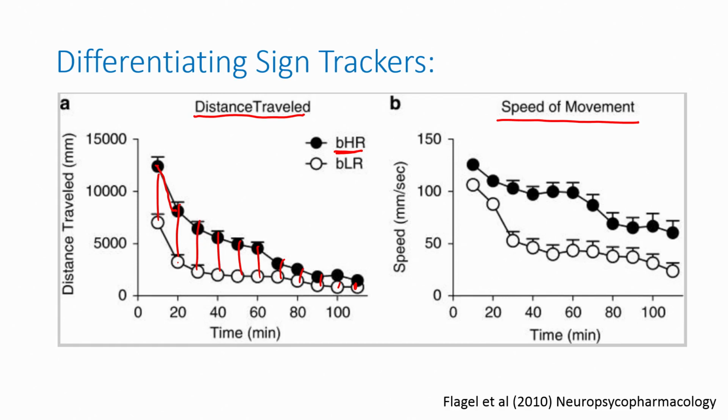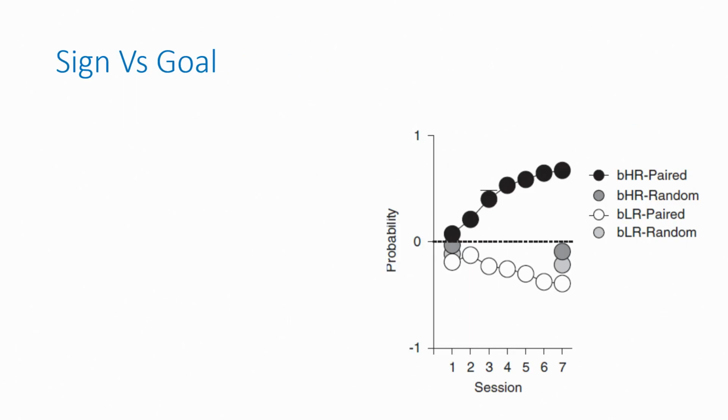Having generated these two breeds, a high responsive breed and a low responsive breed, next they wanted to estimate how they perform when you are asking about sign versus goal direction.